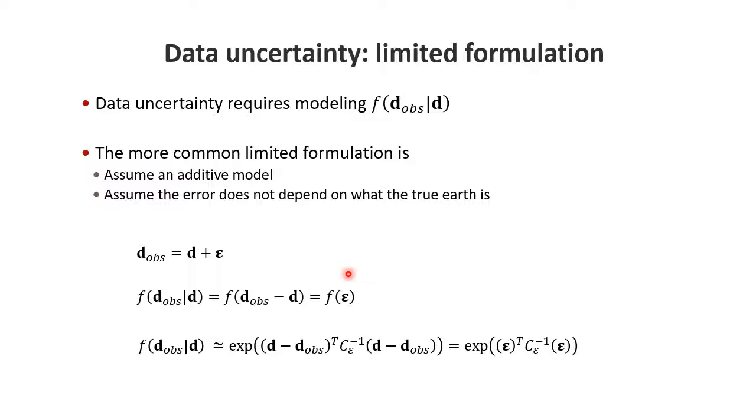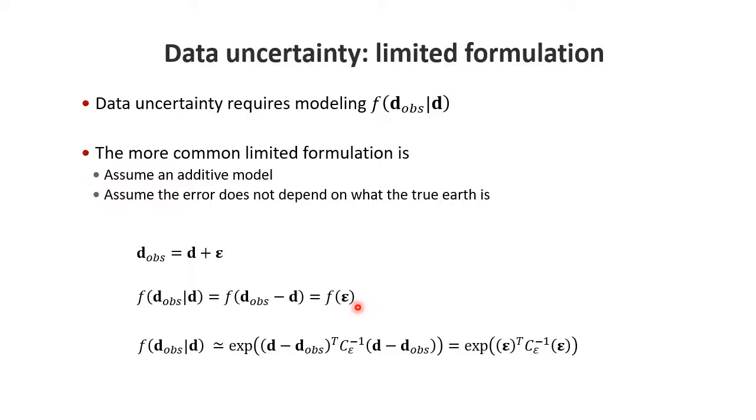The methods that you're probably more familiar with, which are limited formulations, assume an additive model, saying that all these measurements, errors, and operations can be simplified through this error here, where our observations are simply whatever the actual measurement is plus some epsilon. Therefore, this conditional distribution simply becomes a distribution of the error, because this is now the distribution of this difference, which is the error that we make.